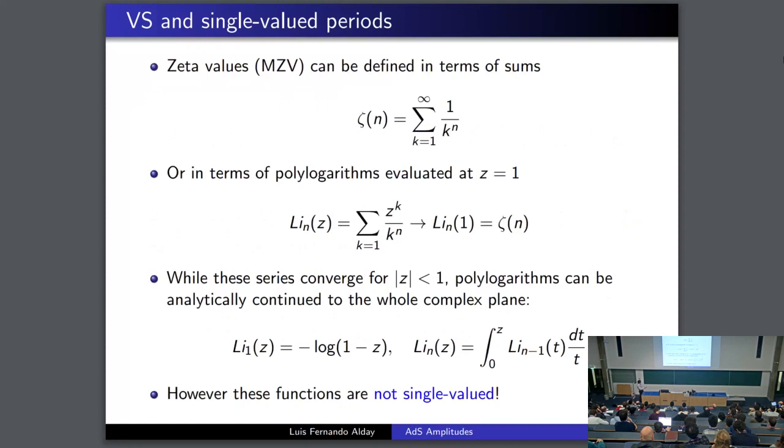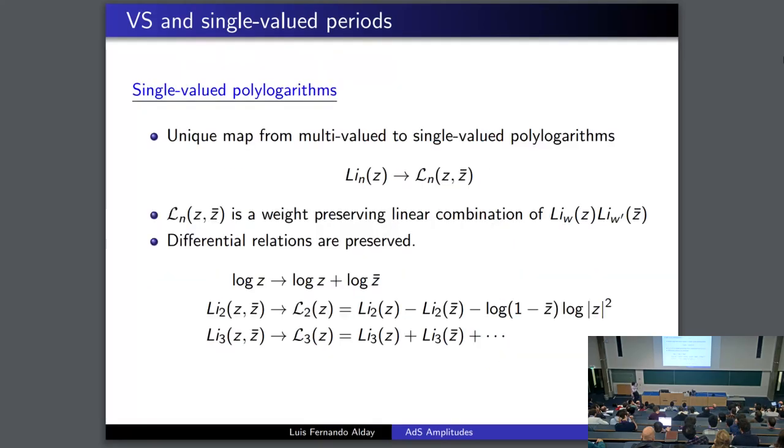So for instance, you see from here that if you take the derivative of this with respect to z, you get 1 over z Li n minus 1 of z. We require the same for these single-valued polylogs. So from these multi-valued polylogarithms, which are holomorphic, just functions of z, we define the single-valued ones, which are now a function of z and z bar.